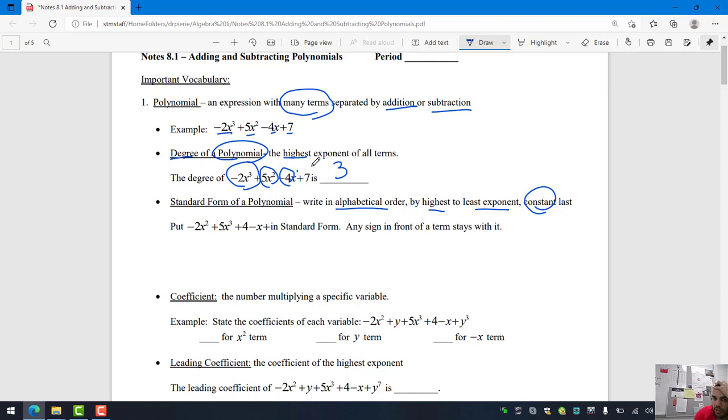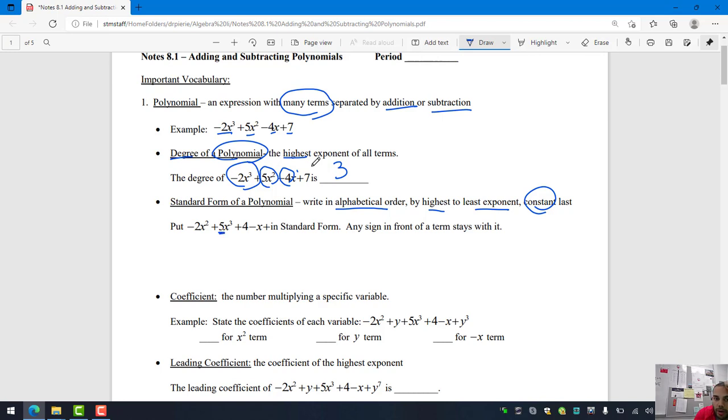The first rule here is we have to put our variables in alphabetical order. That's decently easy because we're only dealing with x's and numbers, so we don't really have to do anything with that. The next rule is we have to sort these terms by highest exponent to least exponent. So I search through these four terms for the highest exponent I can find.